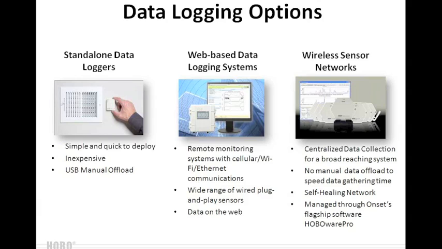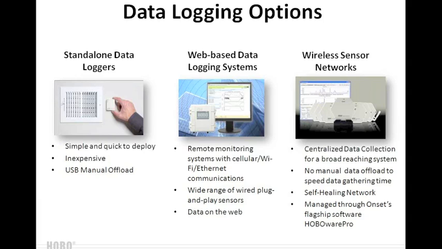First, the standalone data loggers are very simple and quick to deploy. These are USB-based loggers that you can walk up to, launch your logger, and offload the data with a connection to a computer through a USB port. They're very inexpensive, and they rely on just a simple, quick deployment to the field.